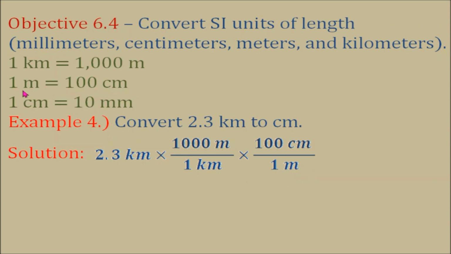So that's 100 cm over 1 m. So this km cancels out, and also this m cancels out. So this means 2.3 times 1000 times 100 cm, and it is equal to 230,000 cm.